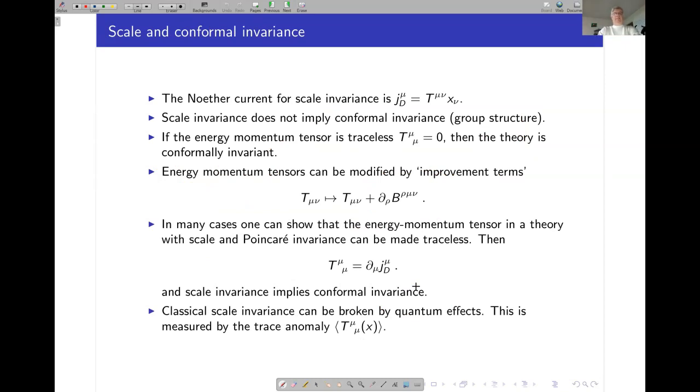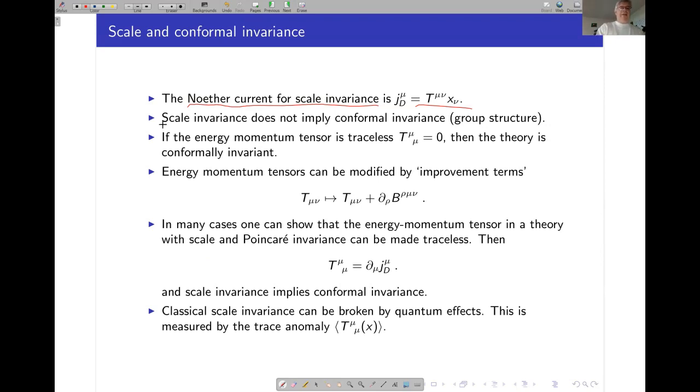Now, some general remarks about scale invariance and conformal invariance. So the first point is there is a Noether current for scale invariance, and it is obtained from the energy momentum tensor by contracting it with one coordinate. So if this current has a zero divergence, then you have scale invariance.